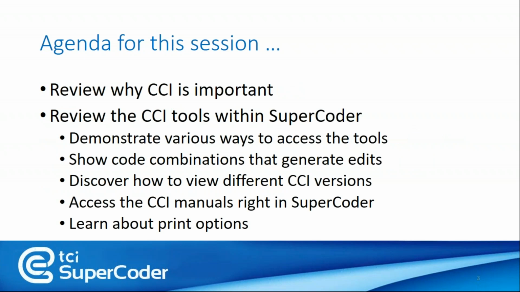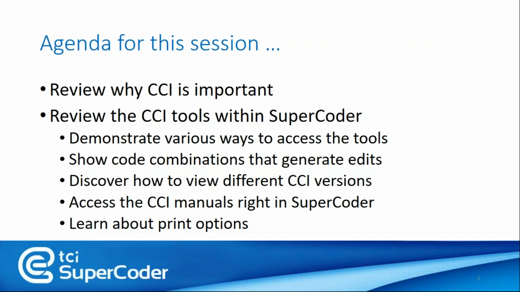Our agenda for today is we're going to talk a little bit about why CCI is important and why you need to know the information that's within the SuperCoder CCI tools. And then we're going to go ahead and actually review those tools within SuperCoder. I'm going to show you various ways to access the tools. I'm going to do some examples and show you some code combinations so you can see the results that you get within the tools.